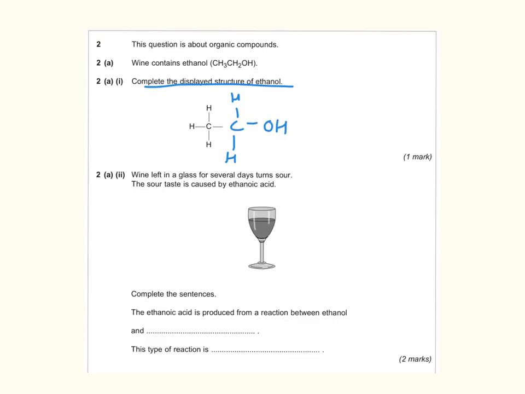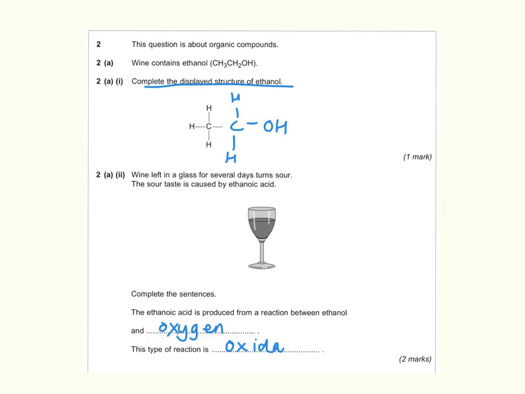Next question. Wine left in a glass for several days turns sour. The sour taste is caused by ethanoic acid. Complete the sentences. The ethanoic acid is produced from a reaction between ethanol and oxygen. And this is oxidation.